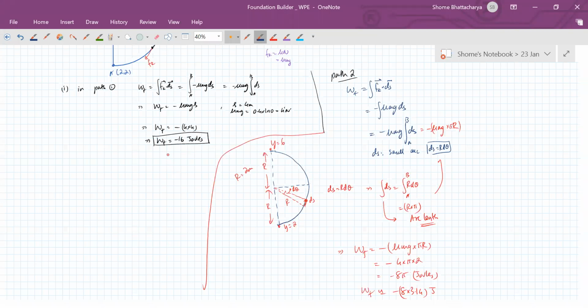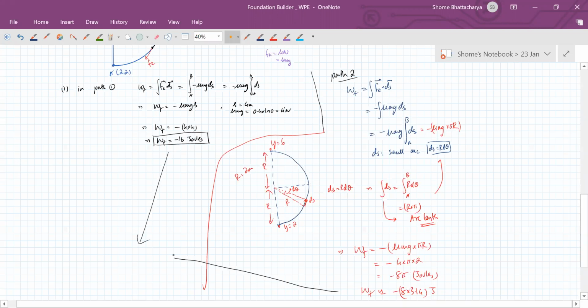So you can compare these two and you can see that the work done by friction is path dependent, because it has a different value for the two paths.